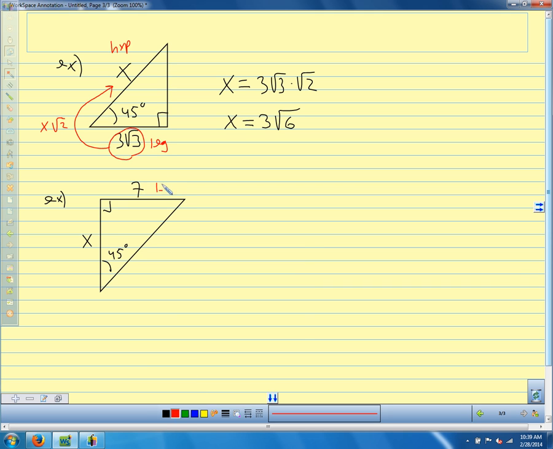This is a leg, and this is a leg. So x equals 7. So make sure you're using the right sides. A lot of times students, when we talk about 45/45/90 triangles, they want to multiply or divide everything by the square root of 2. So these two are legs, so they're both the same. So our legs are always the same.